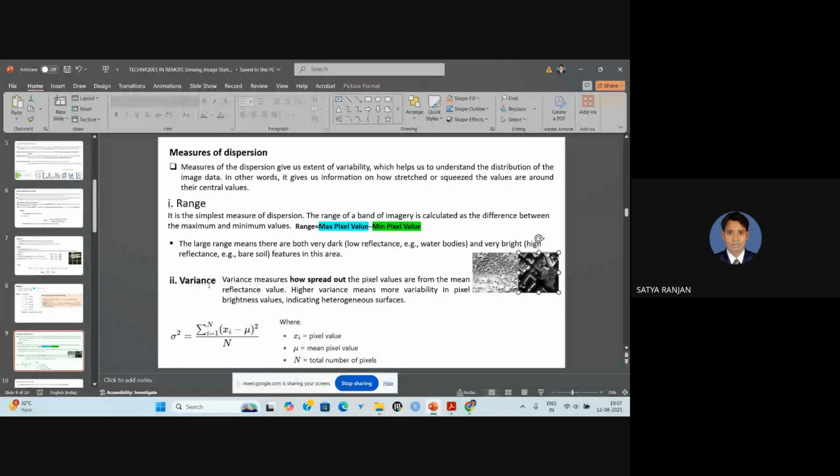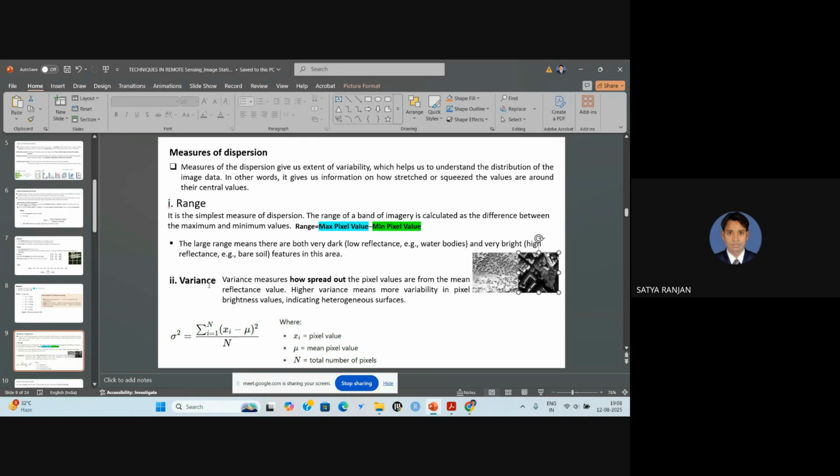If there are different patterns from black to white, with a high level of gray values, then there is a lot of variance. If there is a lot of variance, then a lot of features are there in that particular scene of the satellite image.